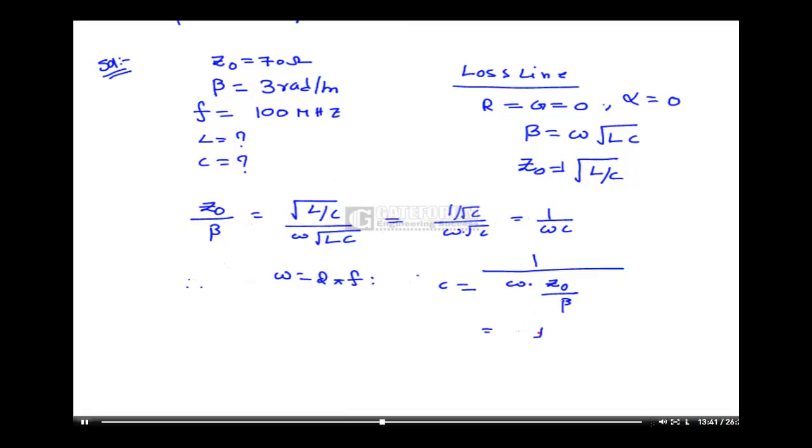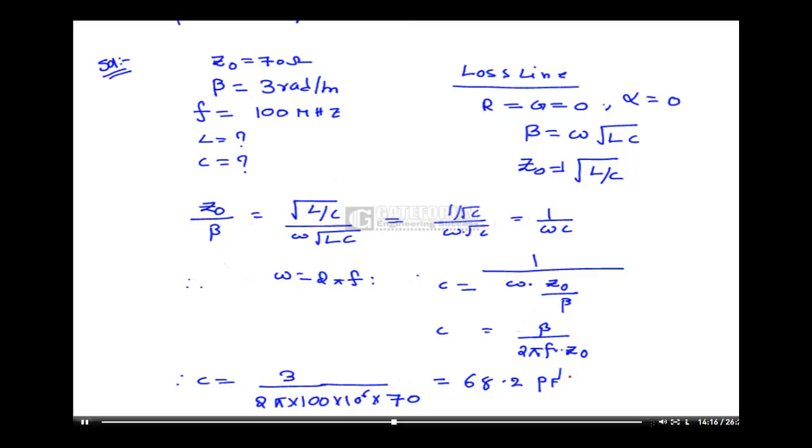That is equal to beta by 2 pi F Z0. Therefore C is equal to 3 by 2 pi into F, 100 megahertz, 100 into 10 power 6, into the Z0 value, which is 70. If you calculate this, you will get approximately 68.2 picofarad per meter. Remember the unit is picofarad per meter, because we have to mention the capacitance value per unit length.